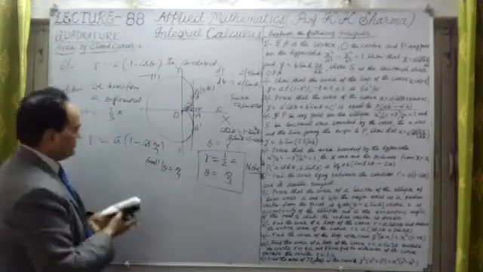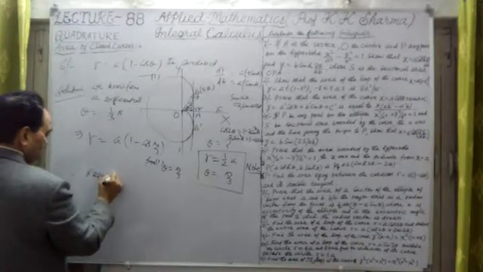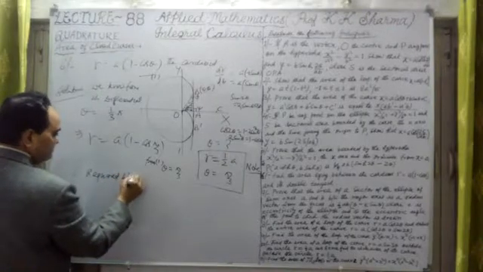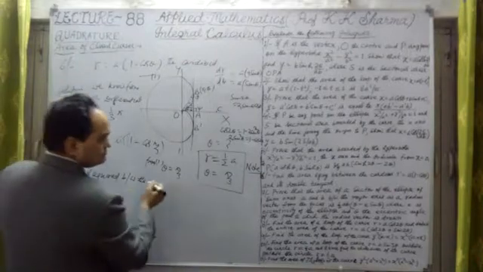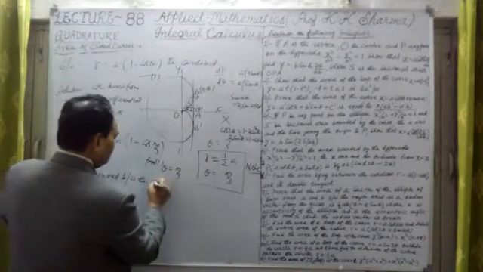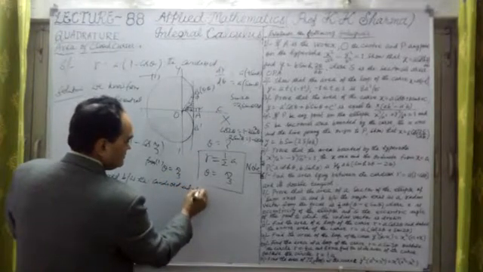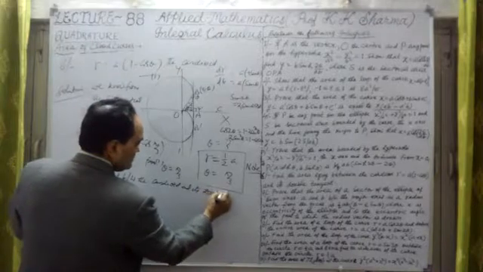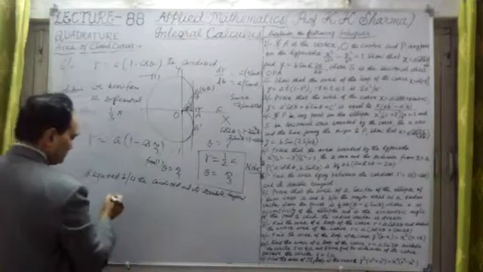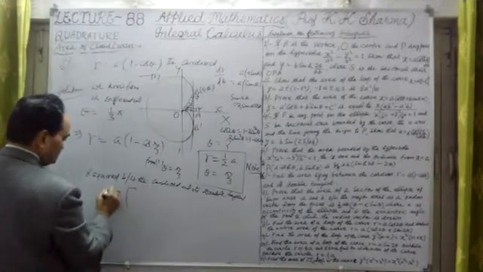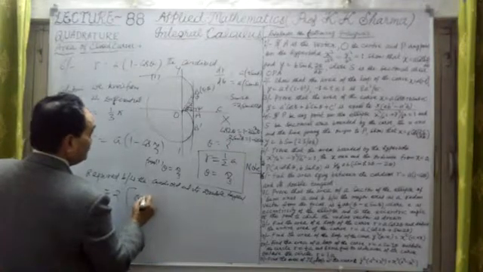The required area between the cardioid and its double tangents, this shaded portion, twice of the shaded portion. This is equal to twice. Let me find out what that area is. This is twice of area OABO.